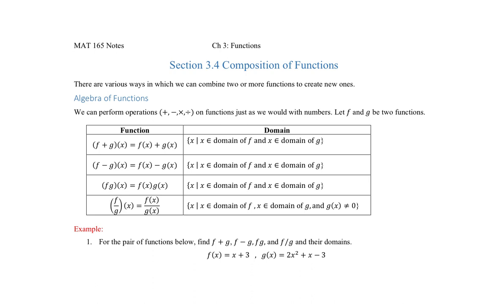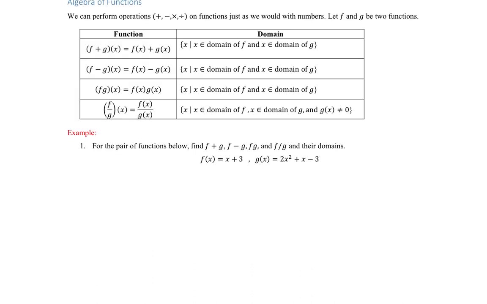Let's do some examples. In number 1, we're asked to first find f plus g and then state the domain. So we will take f, which is x plus 3, and g, which is 2x squared plus x minus 3, and we're going to add them together. And we'll get this, and then from here, we're going to combine our like terms.